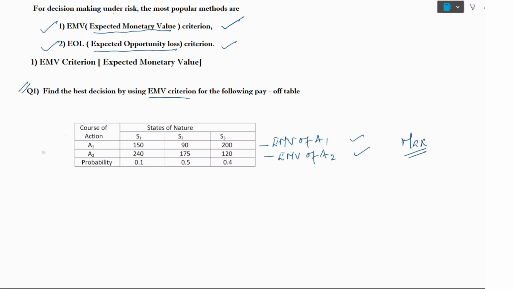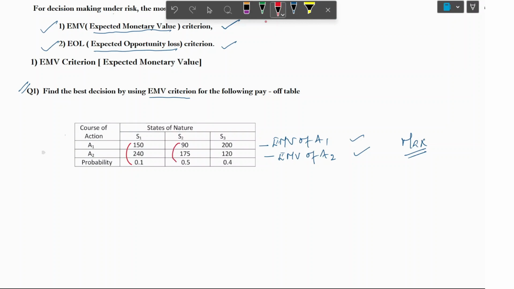For A1, you need to multiply each A1 value with the corresponding probability, that is the A1 value multiplied with the probability of S1, plus the value of A1 multiplied with the probability of S2, plus 200, that means the payoff value of A1 multiplied with the probability of S3. That value gives you the EMV of A1.